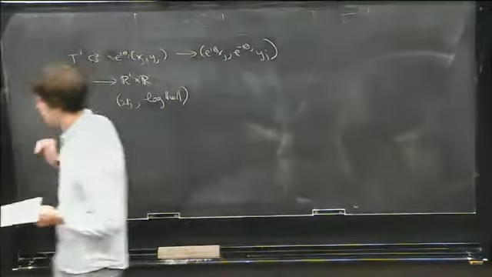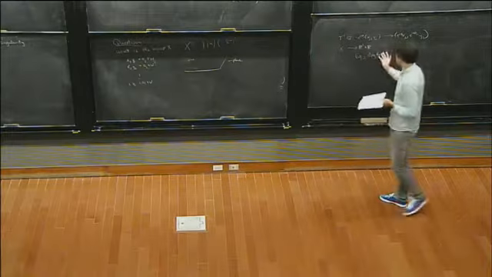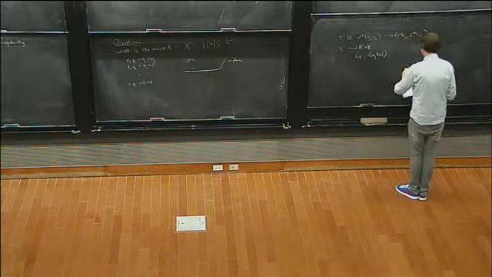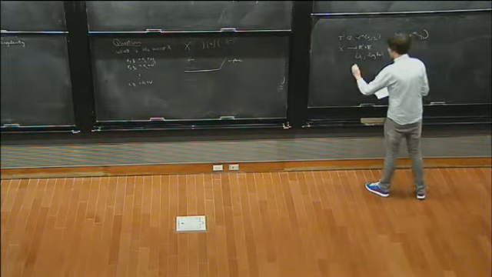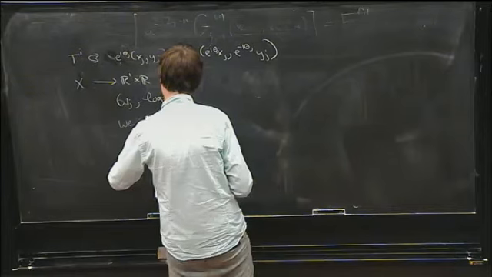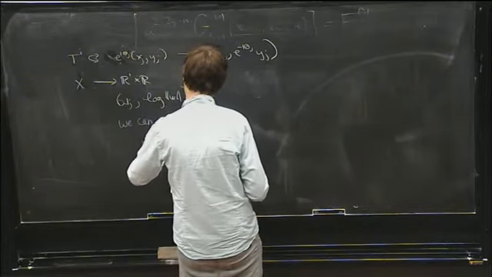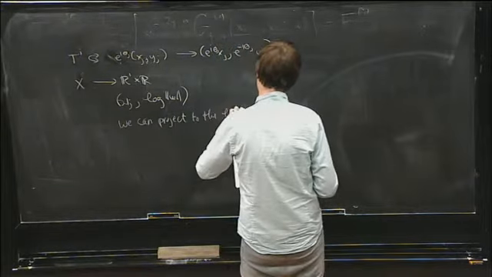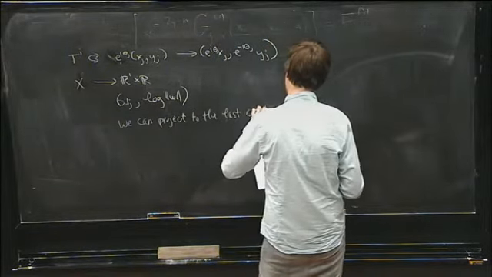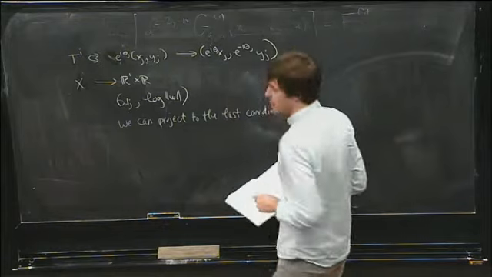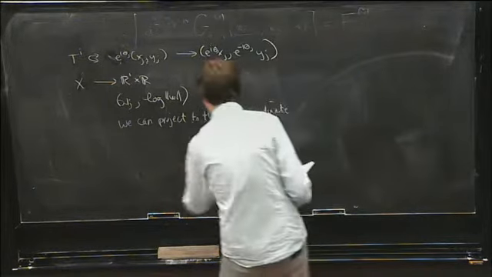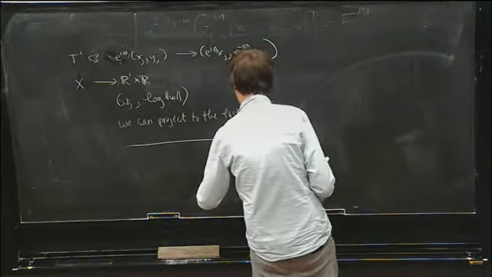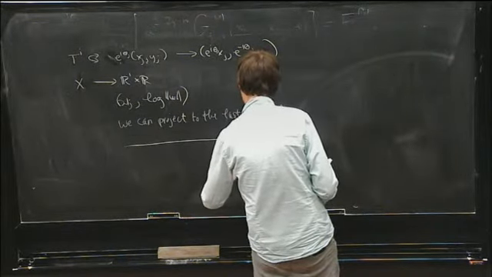And if you think about what it looks like, we can project to the last coordinate. If this is the last coordinate, you have a bunch of log of norm of a_i.